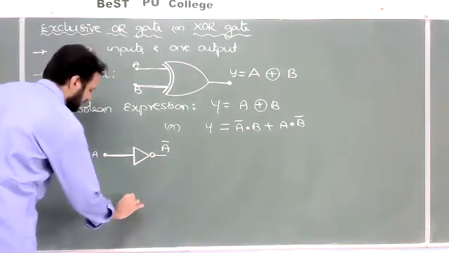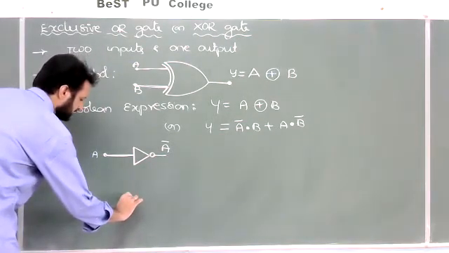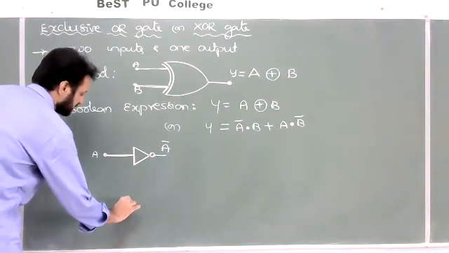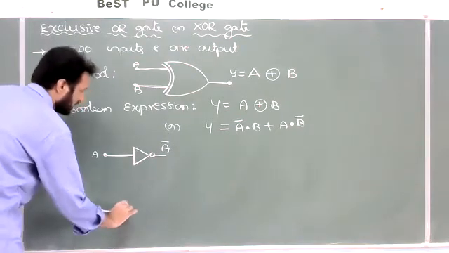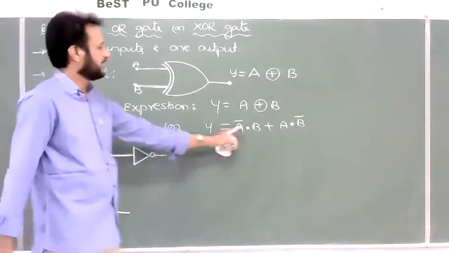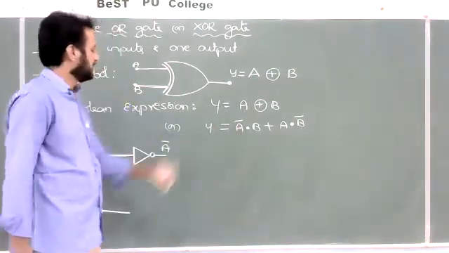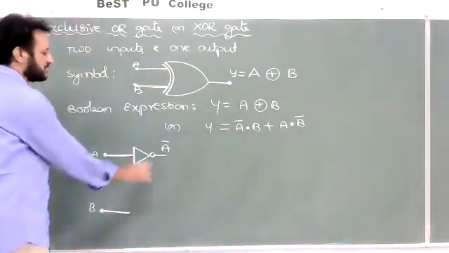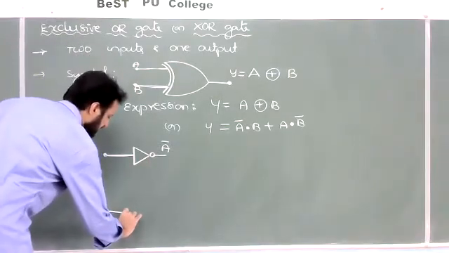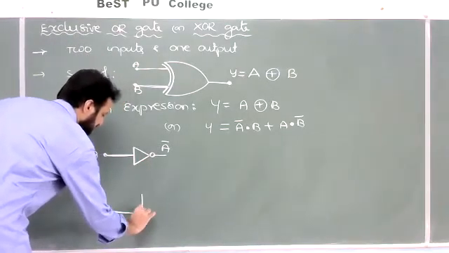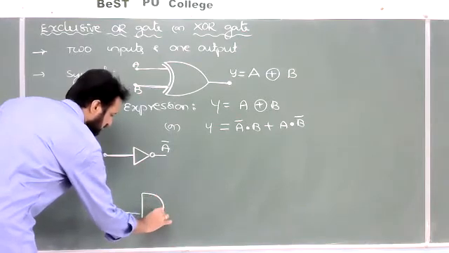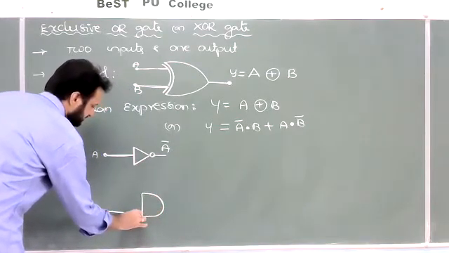Here I want to take one AND gate. Here we already got the complement, so I'll use one AND gate like this.